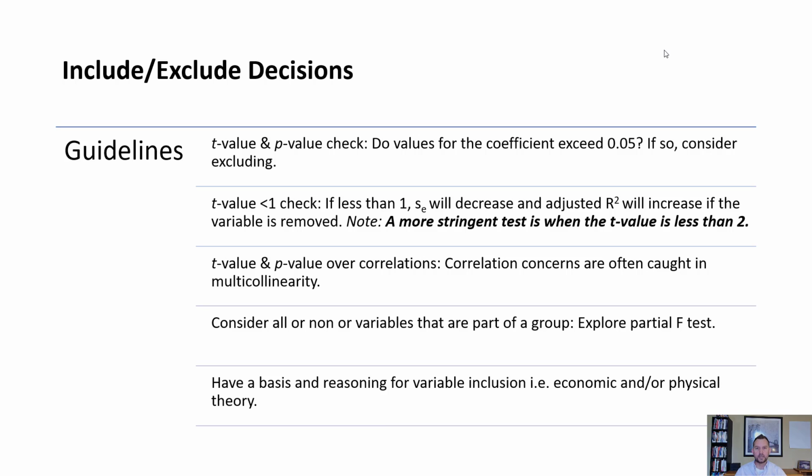On the second guideline, it says, well, if it's less than 1, should we remove it? If the t-value is less than 1, it's extremely likely we should be removing it. Okay. And what's important about that? When we remove a variable with a t-value less than 1, it will decrease the standard error. That's a good thing, right? So when we decrease the standard error, it increases the adjusted R-square.